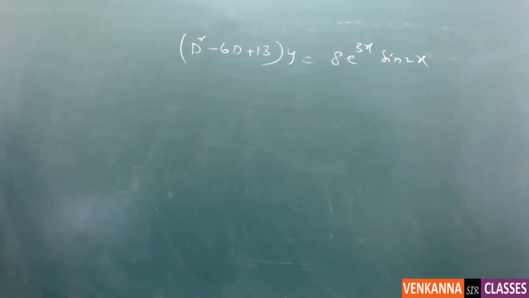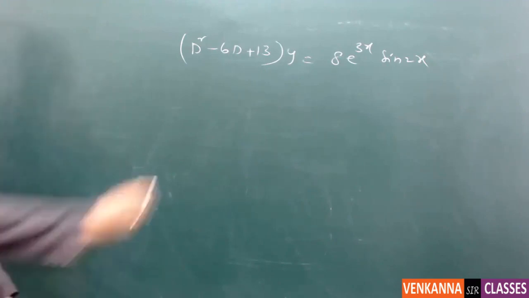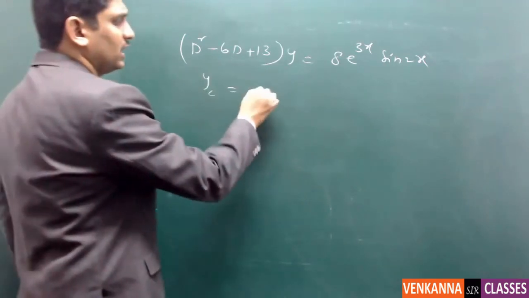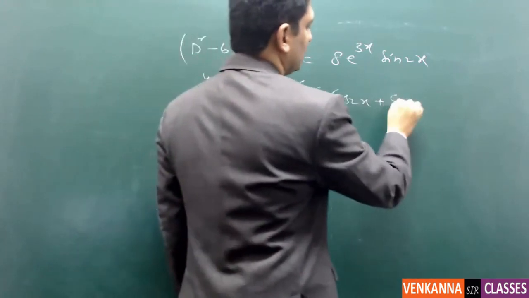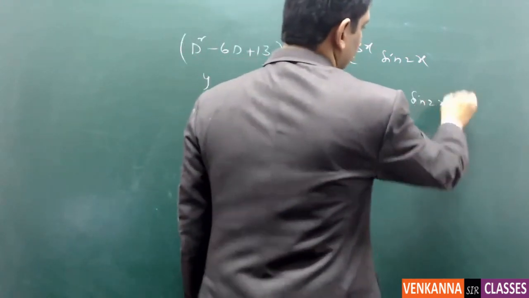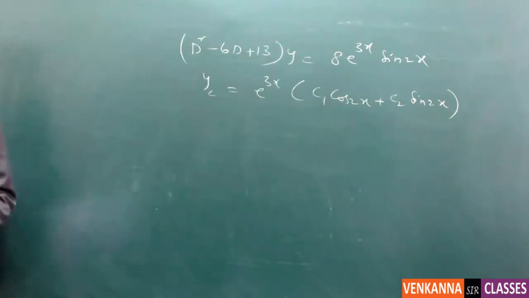So 3 plus or minus 2i. Right. So YC is nothing but e power 3x into C1 cos 2x plus C2 sin 2x. Any queries with regard to YC?